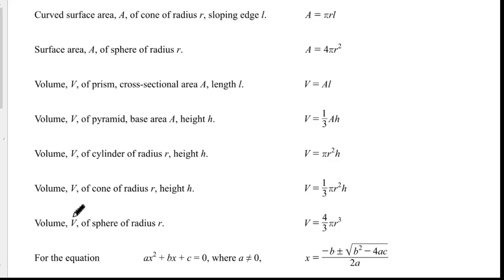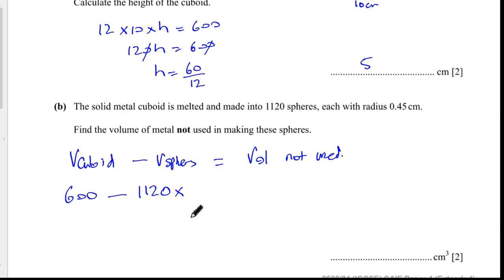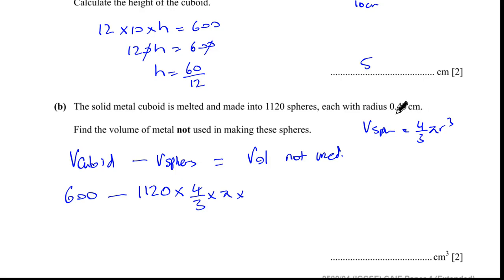We've got 1,120 of them, so times 4 over 3 times pi times r, which is 0.45 centimeters. The units are the same, so that's fine. So 0.45 cubed. That should give us our answer.